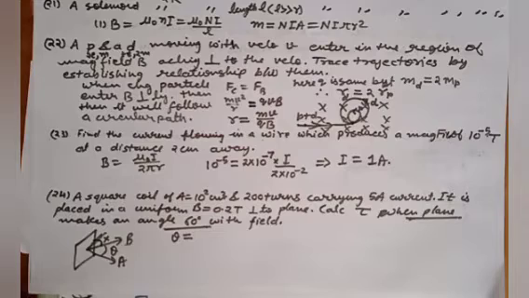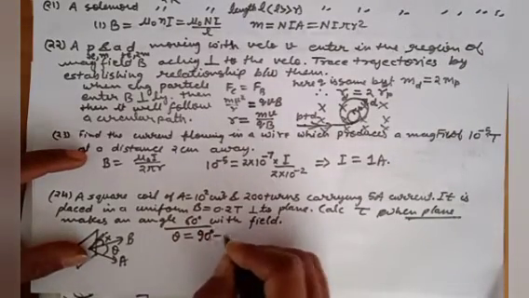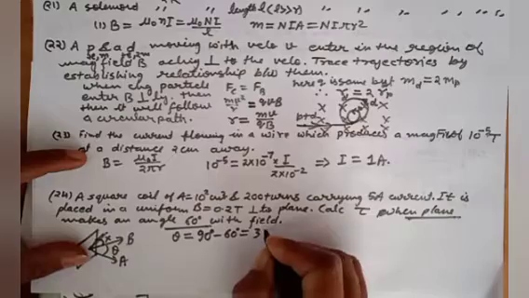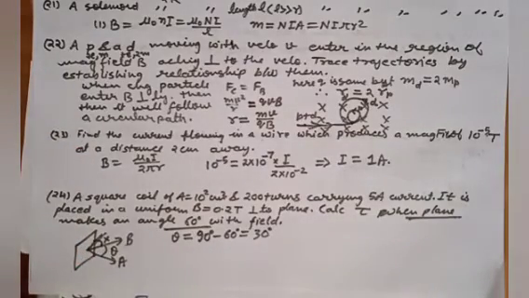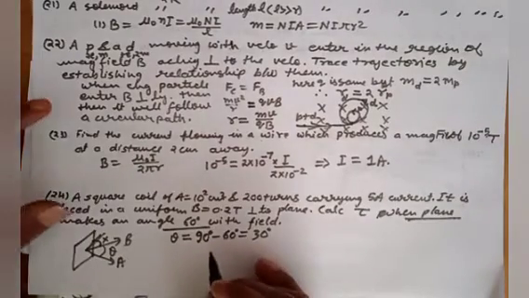But if the angle is from the plane of the coil, then subtract it from 90. If it is given that the magnetic field line is at an angle so and so from the normal to the surface, then use that angle. But if it is given from the plane of the surface, then subtract it from 90.